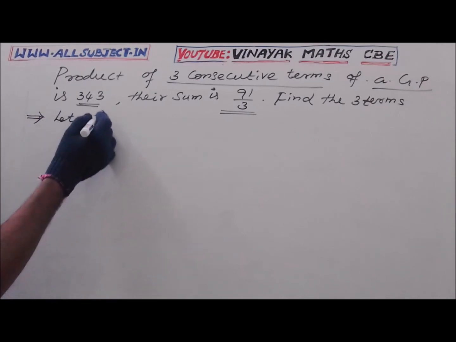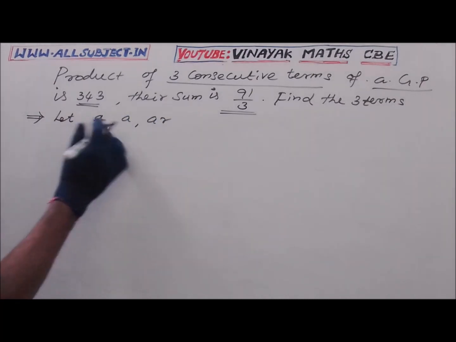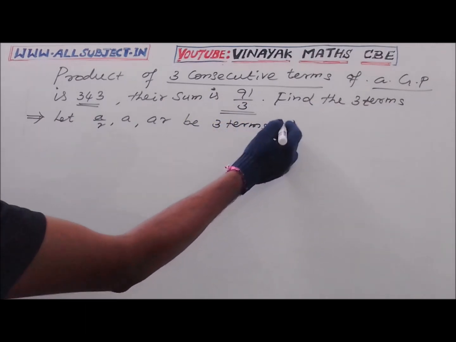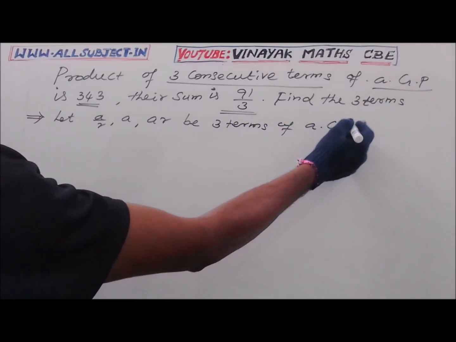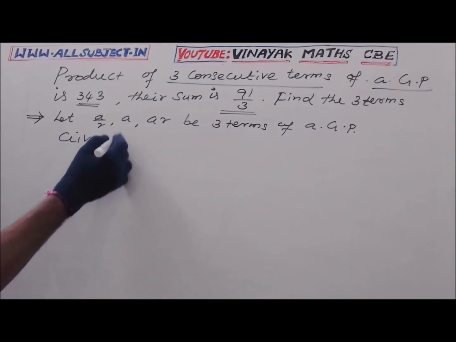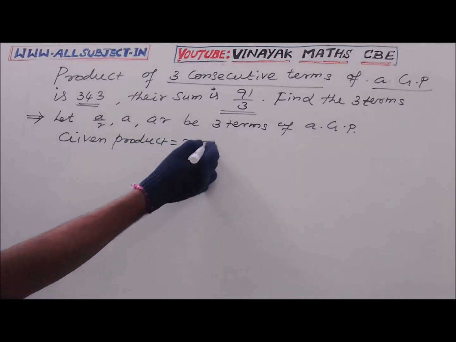For convenience, we can consider 3 numbers. Let A by R, A, AR be 3 terms of a GP. Given product equal to 343.